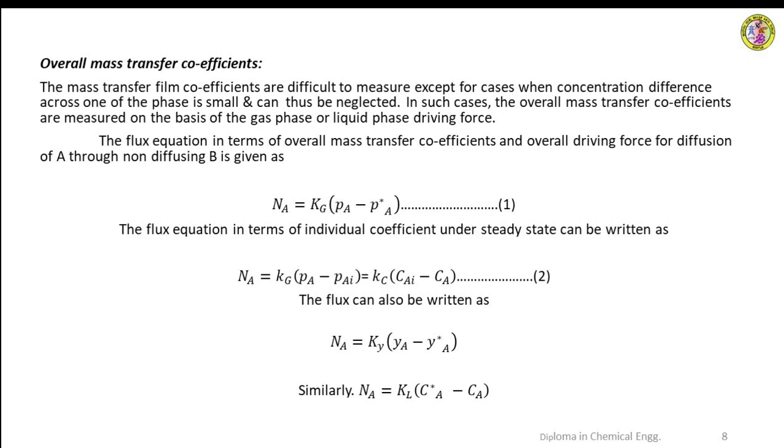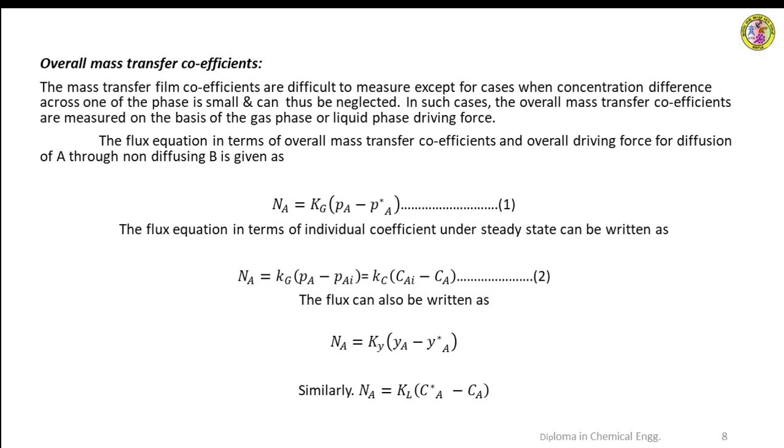So instead of writing Ca or Xa, we can write one term called Pa star. That is the concentration of A in gas phase that is in equilibrium with the liquid phase concentration at which the diffusion ends.